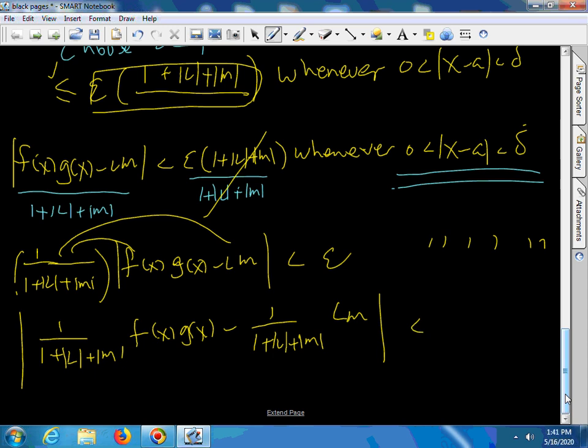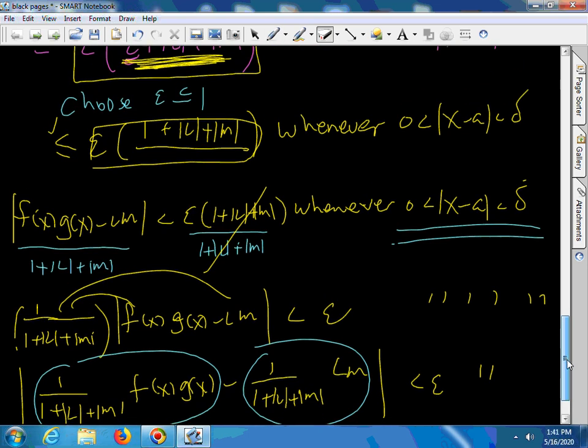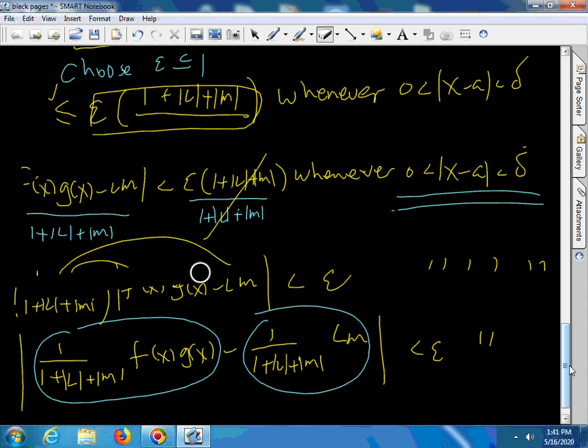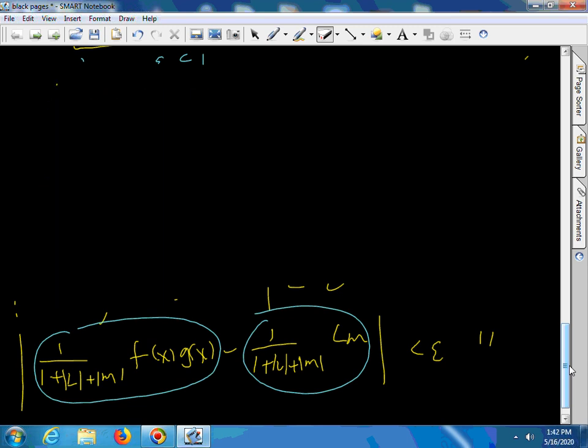And this is less than epsilon when all of that is true. This here is one quantity minus another quantity. Let me just write it right above because I really don't want to lose the continuity here. Now, other people would define epsilon a little bit differently, but I'm going to stay with this.